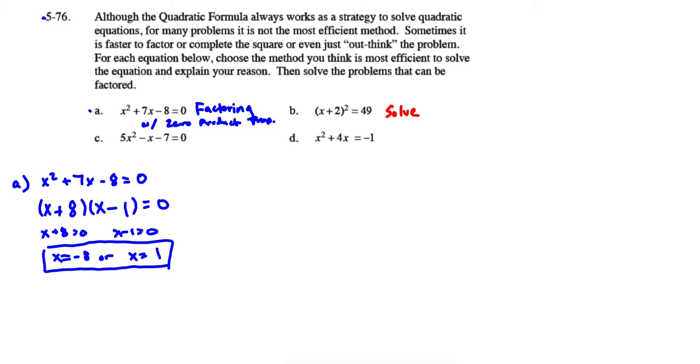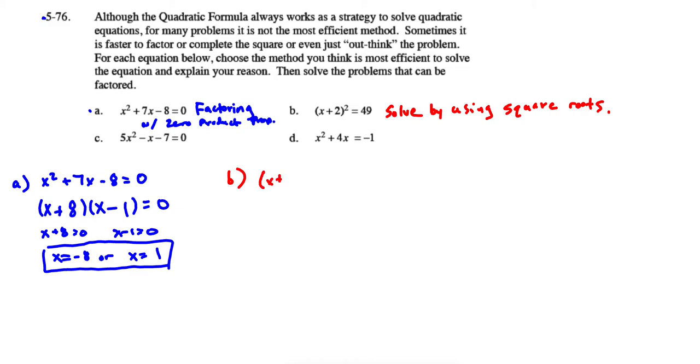So we want to solve by undoing the squared term. I know that it says to only solve the ones that we're factoring, but these are easy. Let's just go ahead and solve it real quick.